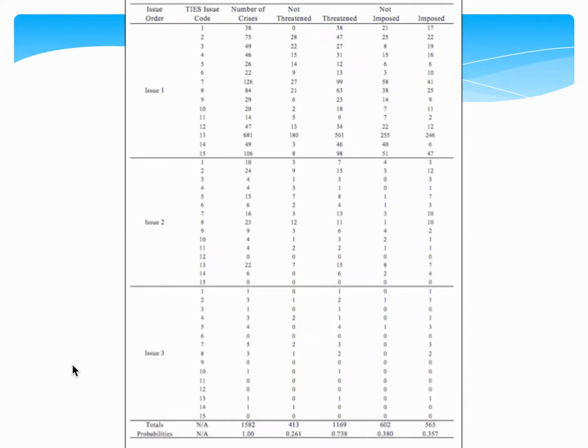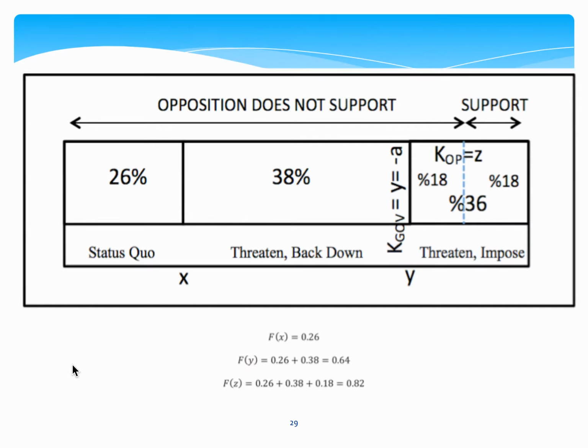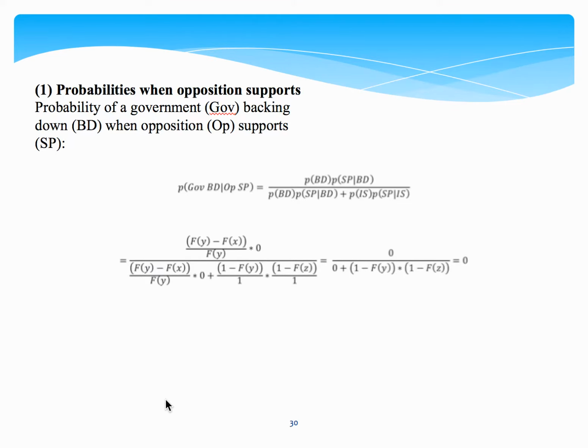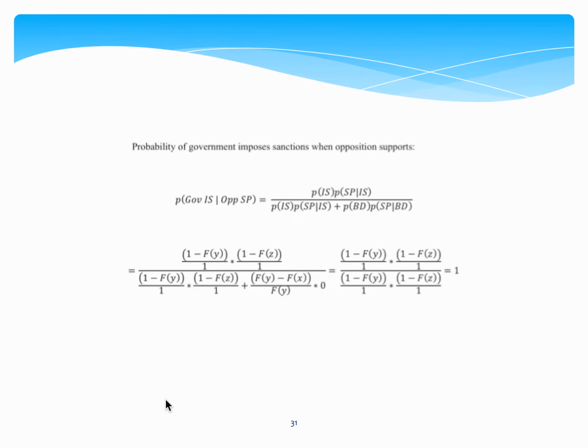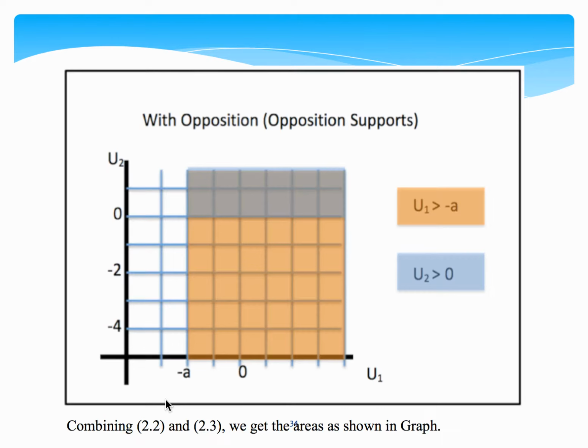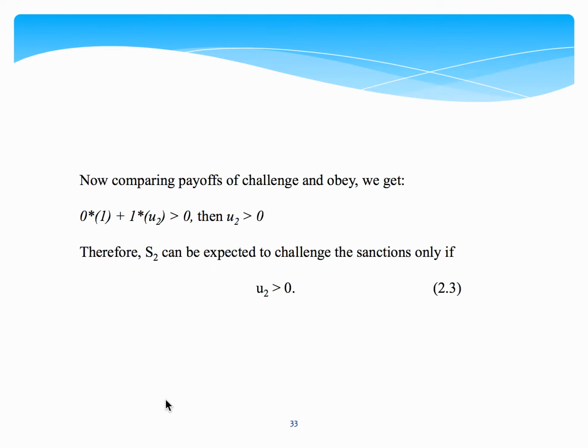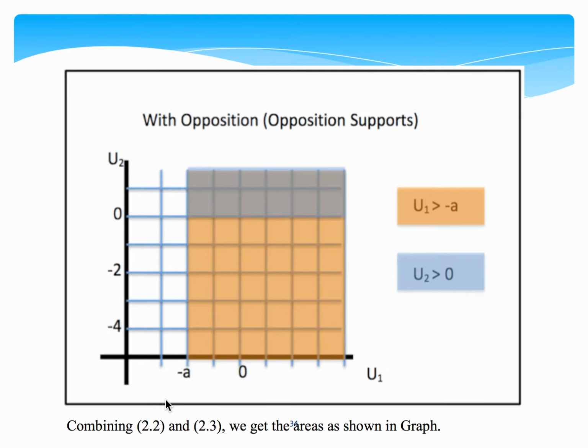And then again, I use those probabilities that I got from TIES dataset, and then I plugged them in the CDF table, and I got my cumulative frequency probabilities here. And then now I got the probabilities when opposition supports, and this is the payoff table for the two players when the opposition supports, and again U1 is for sender, U2 is for target.